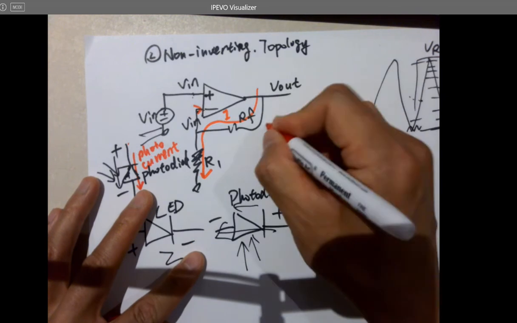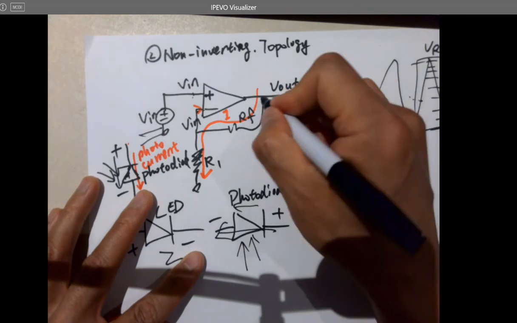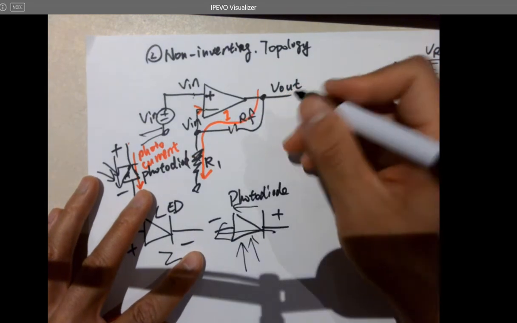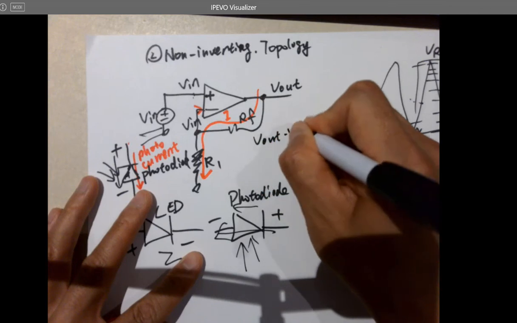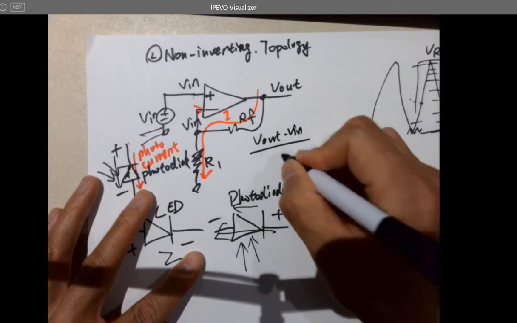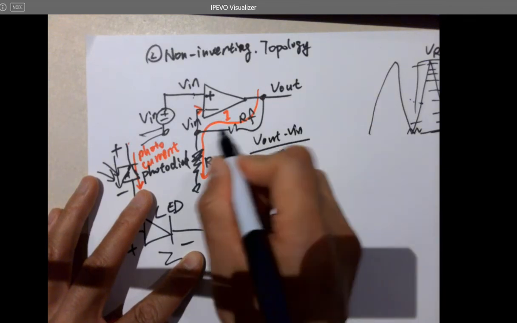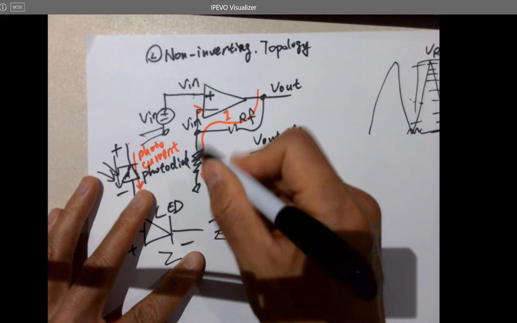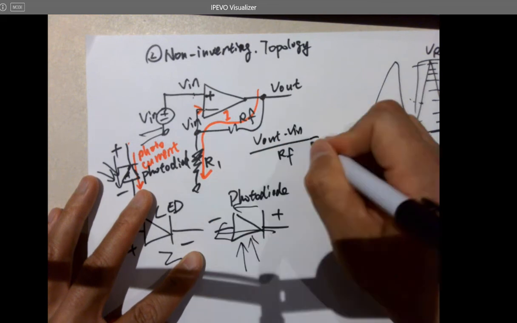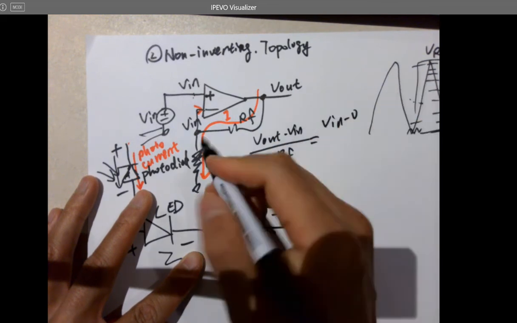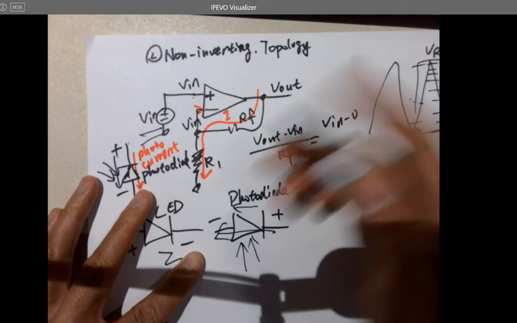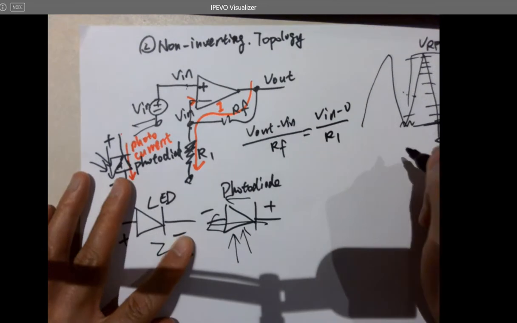And then Vout, here's the voltage here, here's the voltage here, you are both given. So (Vout minus Vin) over RF, the current in this branch, is directly flowing down to the ground. So this equals what? (Vin minus 0) over R1. That's how I derive it.